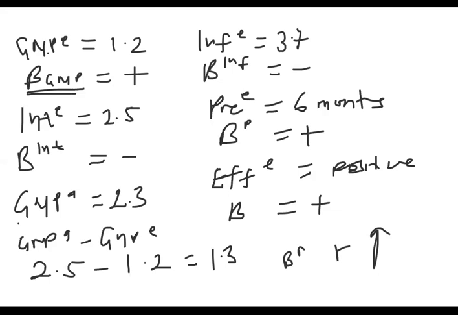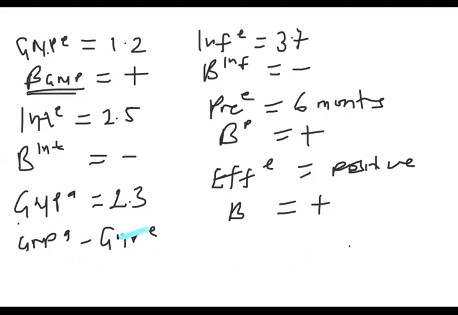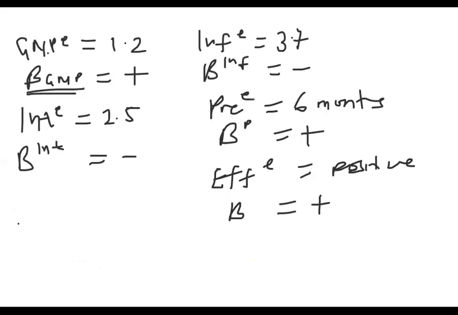Now let's look at that of inflation. In the case of inflation, let's say the actual inflation, said the inflation over the previous quarter, was 3.7. So inflation actual equals 3.7, right?